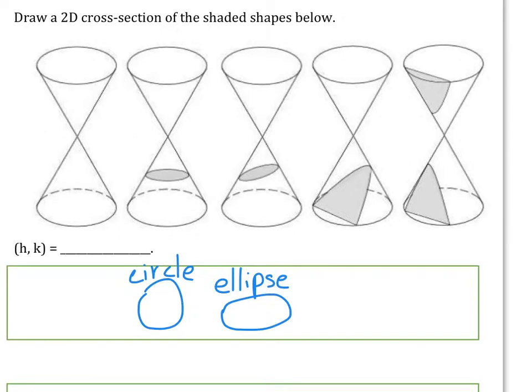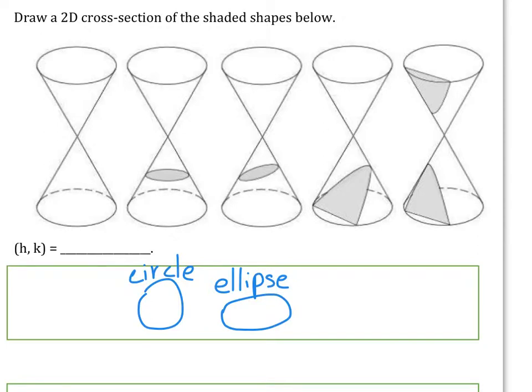Next one. If you look at that shape, what is that shape? Not a triangle. Remember, your cone is circular. So, like, if you take this and then you cut it this way, slanted, and then you look at it, like if I had Play-Doh, I would show you. So you slice it this way, and then you look at it, what kind of shape is that?